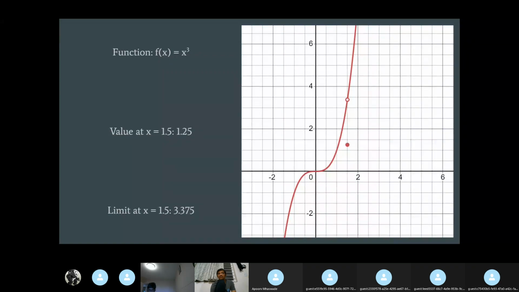In the previous examples, we saw it approached 4 for x squared minus 4 by x minus 2, and for the first example, it did approach the value, e to the power 0.4x, I believe. So we've seen all these different things, mostly the difference between the limit and the value of a function.